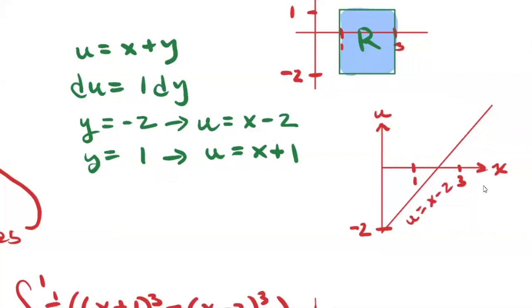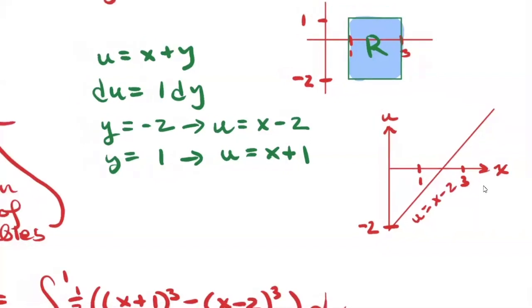Okay, and then u equals x plus 1 is the upper limit. So let me put a 1 up here. And I'm going to draw a parallel line because it has the same slope, like this.